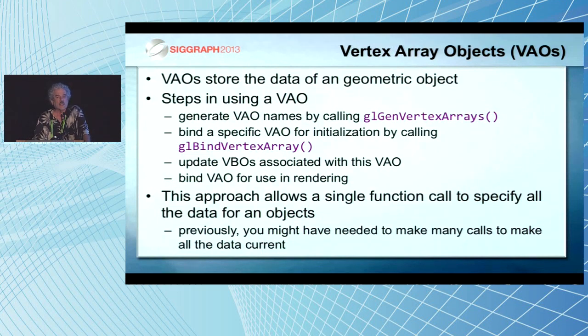So we can ask for some ID names, or integers, by just calling glGenVertexArrays and telling it how many you want. It will keep track of which are unused, because you can create these objects and destroy these objects. So that is a very safe way, instead of assigning a number yourself, to say, hey, give me some number that's unassigned. If you ask for 1, you'll get back 1. If you ask for 10, you'll get back 10.